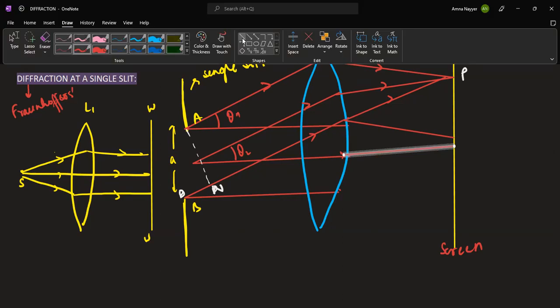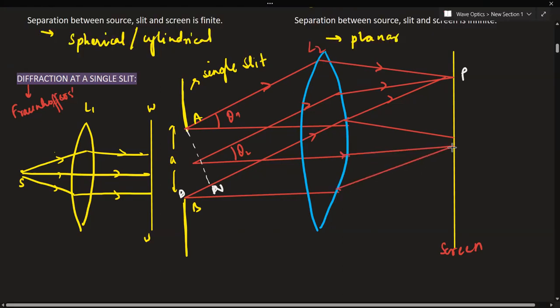Because of the property of a convex lens, these lines will also converge. Now see, they will converge at a point. Let's say this point is O. So this part that you are getting in the middle, all the secondary wavelets going straight across the slit AB, these are focused at the central point of the screen. So this central point is known as the central maximum.